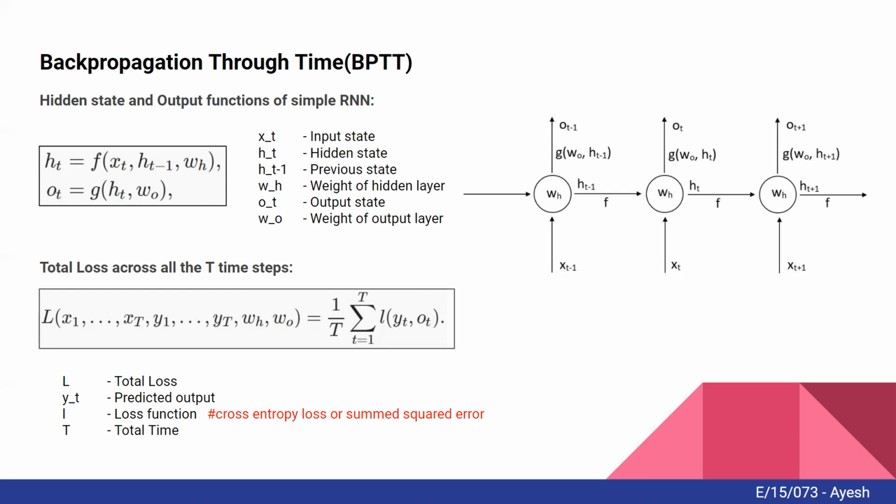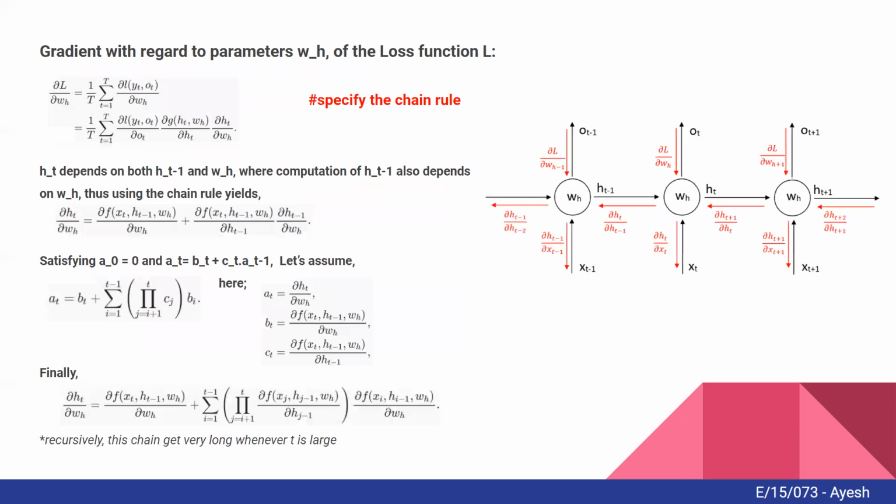So how do we calculate the total loss across all the time steps? The total loss can be calculated by taking the loss function at each and every step, summing them, and dividing by the total time, which gives the total loss across all the time steps. Let's go to the next slide, and this will explain the backpropagation process.